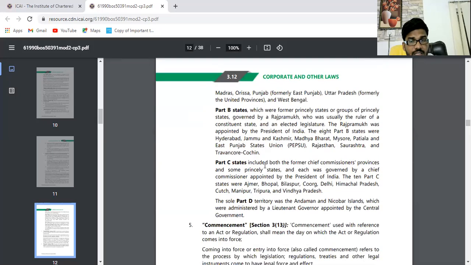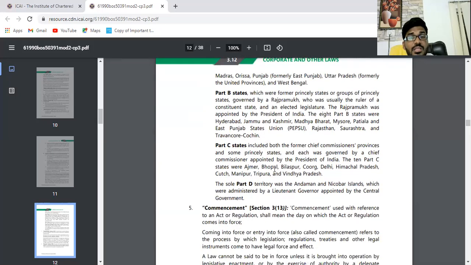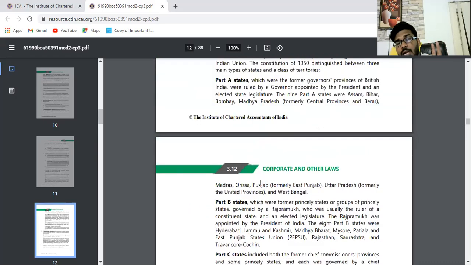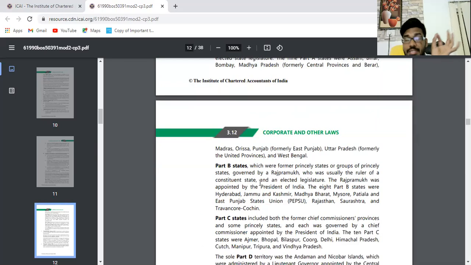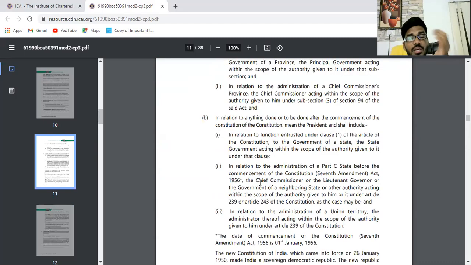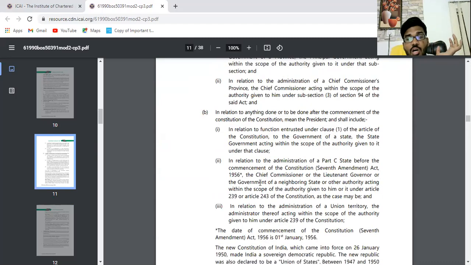Part C states have a Chief Commissioner appointed by the President of India. Part D states, like Andaman Nicobar Islands, have a Lieutenant Governor. This is the category of Part A, B, C and D states as per the Constitution. Based on that, the central government is defined before the Constitution and after the Constitution. Clear, sir?